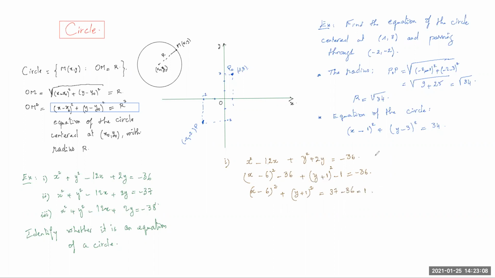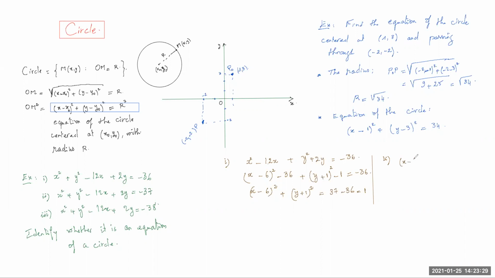For situation 2, instead of -36 we have -37.